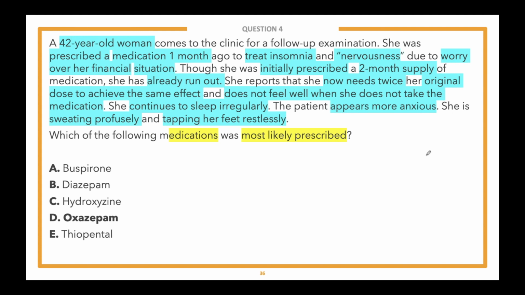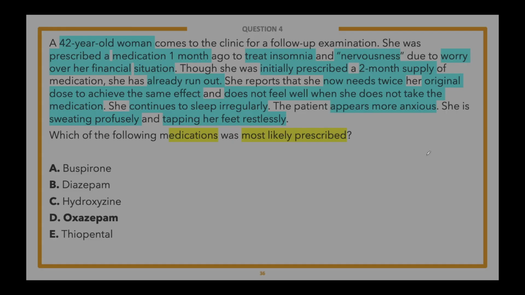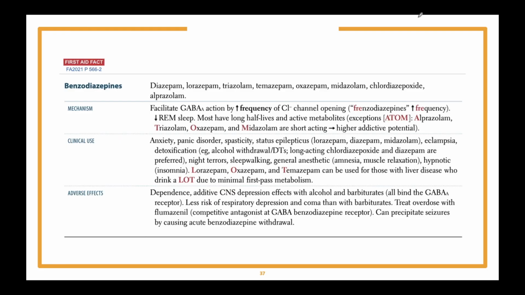So on the next slide, Sean has actually gone ahead and pulled up a table from First Aid looking at benzodiazepines, okay? You can see there under mechanism, it says most of them have long half-lives and active metabolites except for ATM: alprazolam, triazolam, oxazepam, and midazolam, okay?